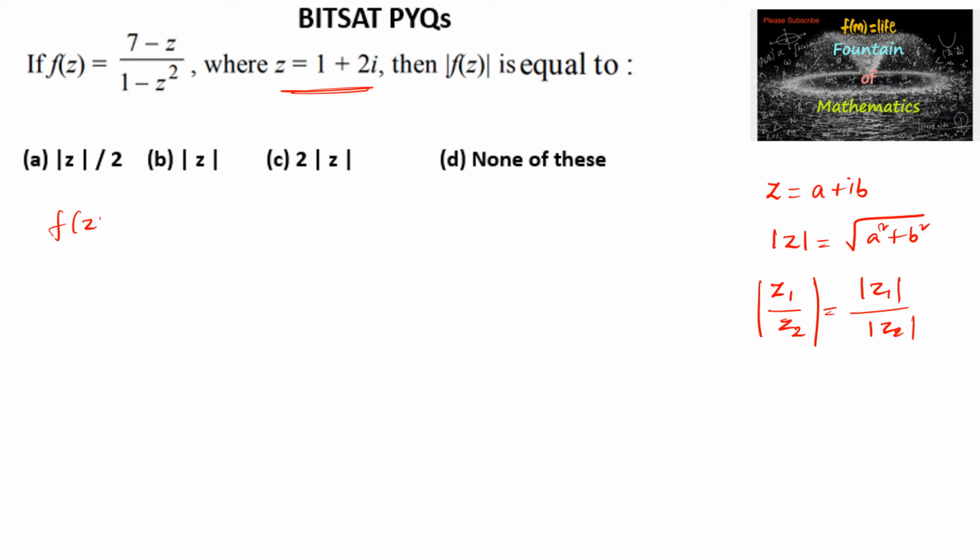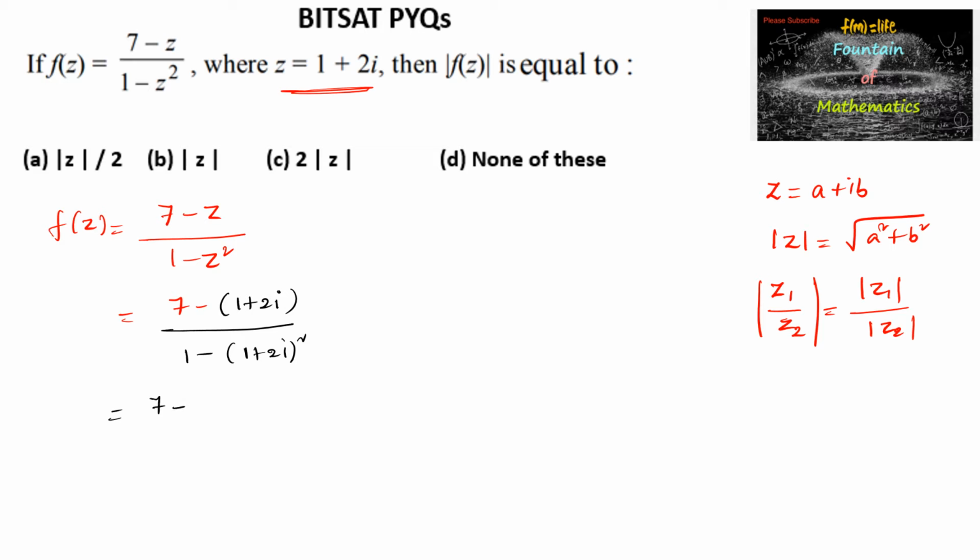f of z is equal to (7 minus z) upon (1 minus z square). So that is 7 minus, we can substitute z is equal to 1 plus 2i, divided by 1 minus (1 plus 2i) whole square. So we can simplify: 7 minus 1 minus 2i divided by 1 minus (a plus b) whole square, which is a square plus b square plus 2ab.